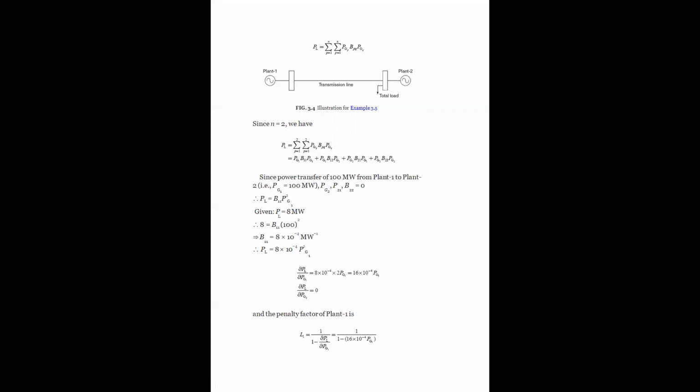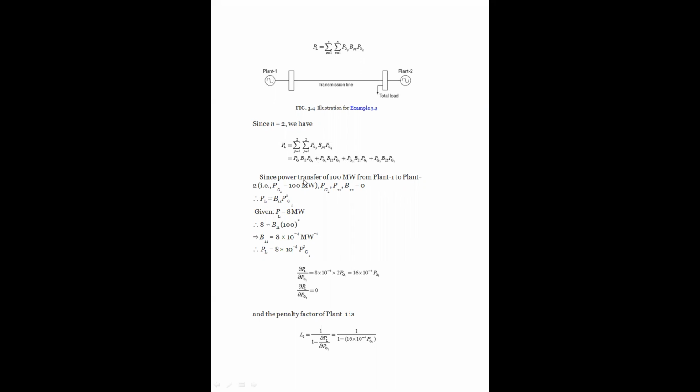Substituting p, q equal to 11, 12, 21, 22: PG1 square B11 plus 2 B12 PG1 PG2 plus PG2 square B22.